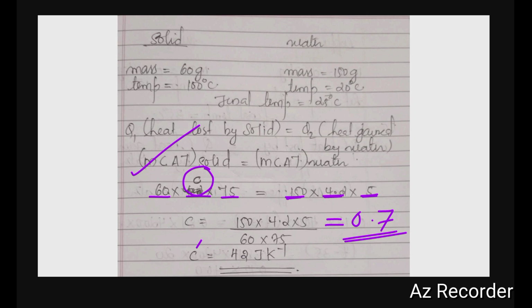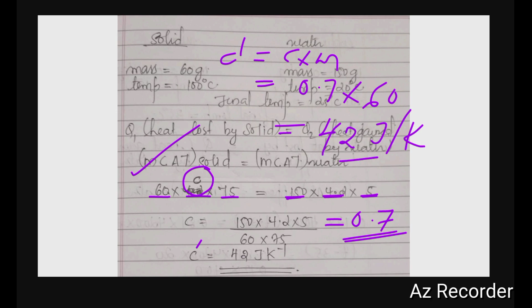Now to calculate C dash, we know that C dash is equal to C into m. We have got C is equal to 0.7, and the mass of the solid is 60. Upon multiplying we get 42, the unit is joule per Kelvin. So the heat capacity of the solid is 42 joules per Kelvin.